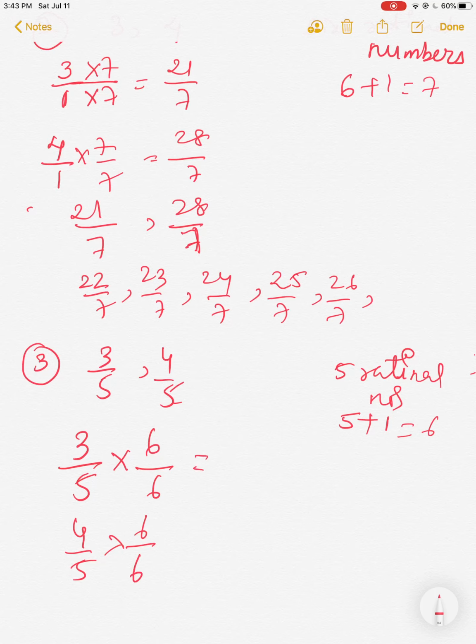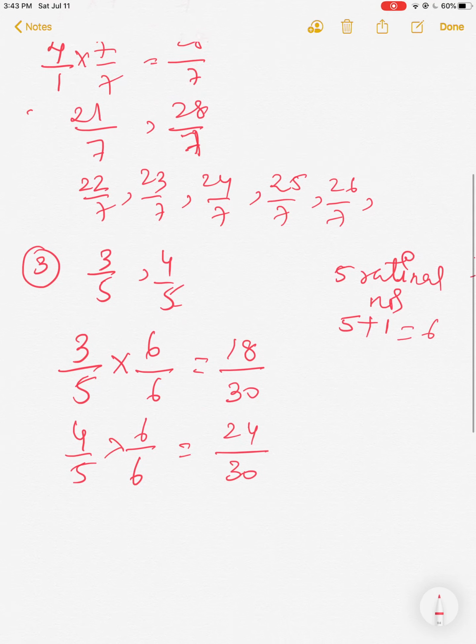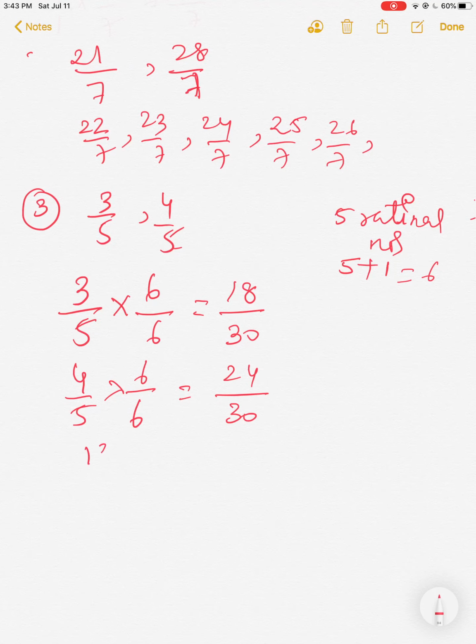If you want, you can take 7, 8 also, I already told you. So here 18 upon 30, 24 upon 30. Now insert the numbers between 18 upon 30 and 24 upon 30.